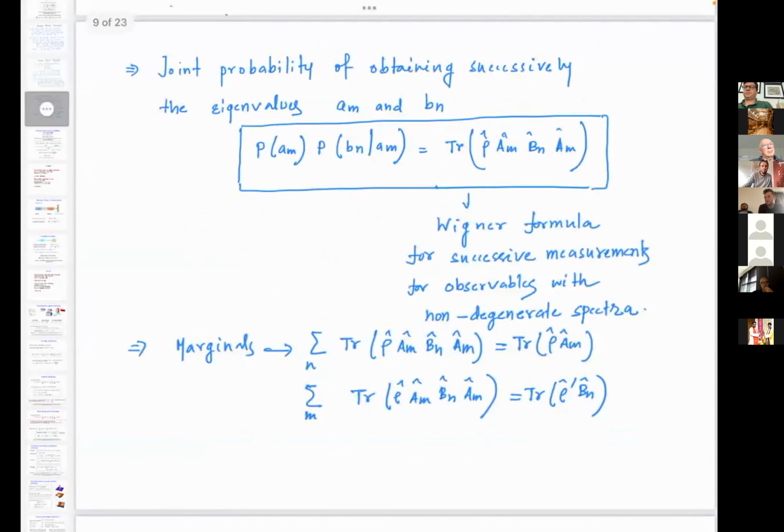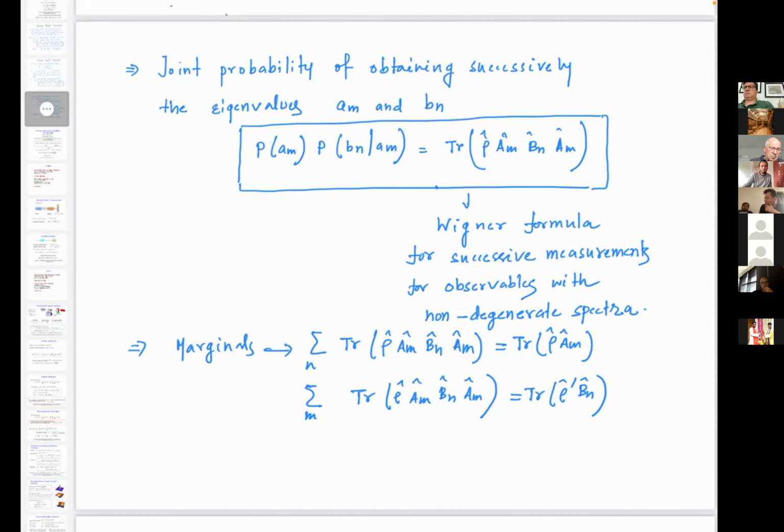So when you are having a state, first you are measuring AM, right? After measuring AM, you are having some post-measurement state, which is rho prime, and you are having some outcome AM. Now, conditioned on that outcome, you want to measure once more for the observable BN.